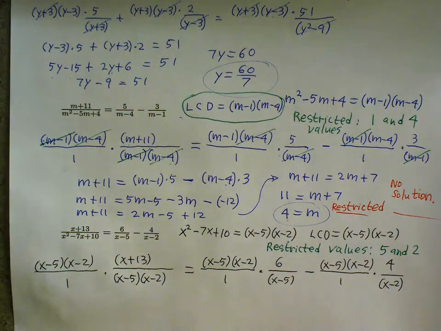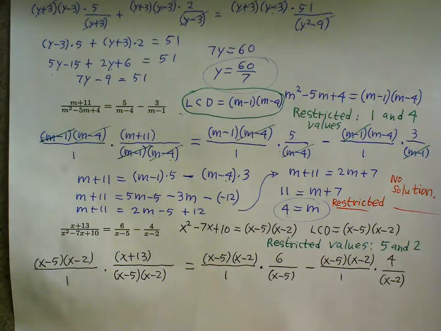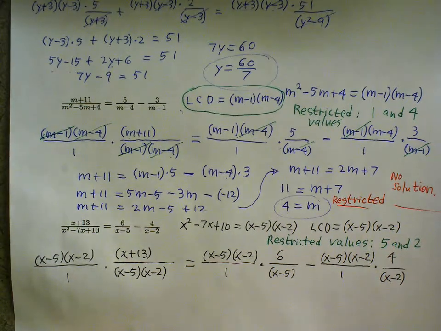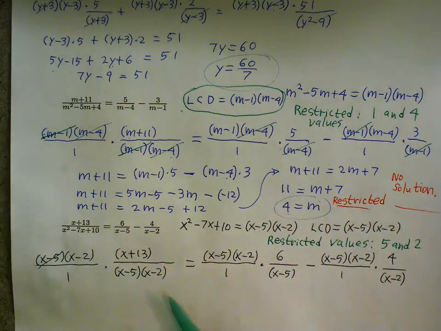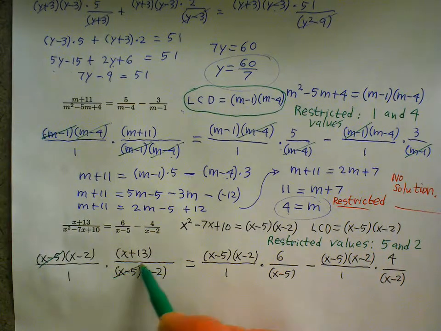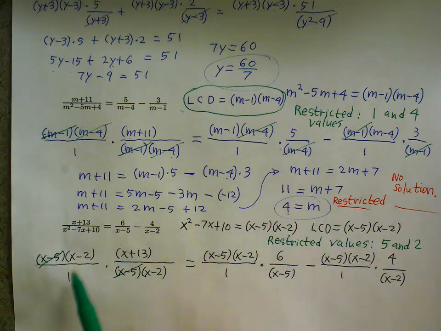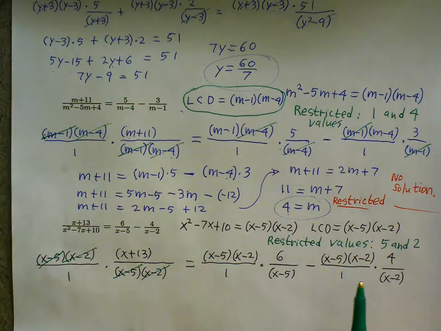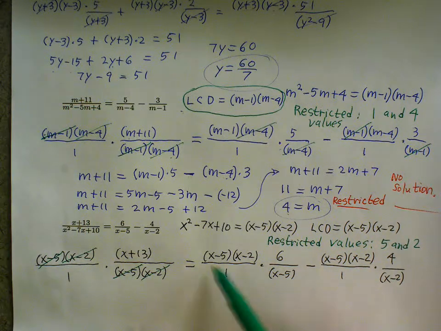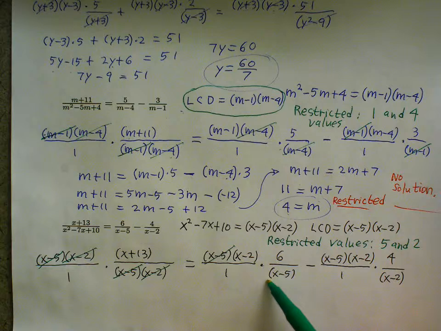And then we do the cancellations. X minus 5 from the numerator cancels with x minus 5 from the denominator. X minus 2 from the numerator cancels with x minus 2 from the denominator. On the right-hand side, in the first product, x minus 5 from the numerator cancels with x minus 5 from the denominator.